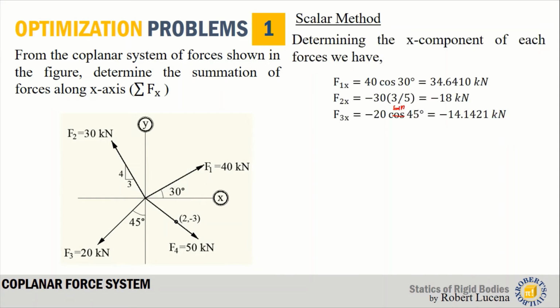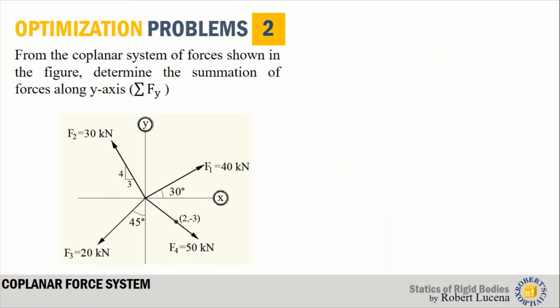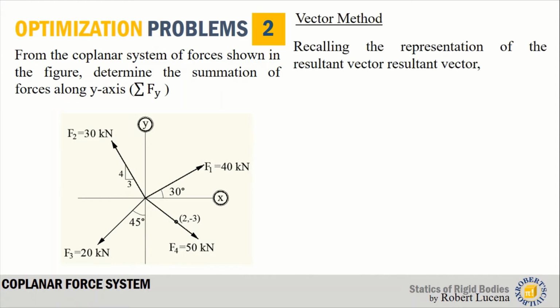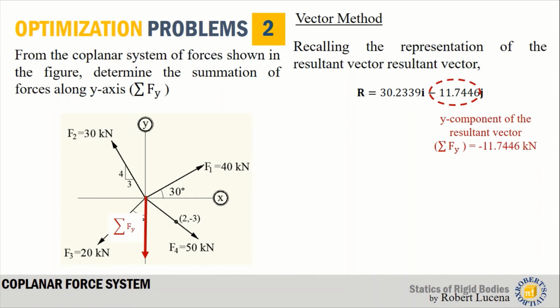Okay, so now we get the sigma Fx. The next problem asked is the summation of forces along y, or sigma Fy. Since we have the resultant vector already represented by base vectors i and j, the coefficient of the base vector j is sigma Fy, because the vector R is represented by its components.